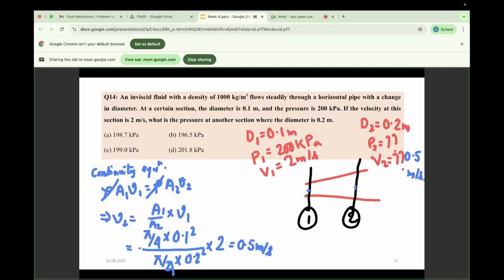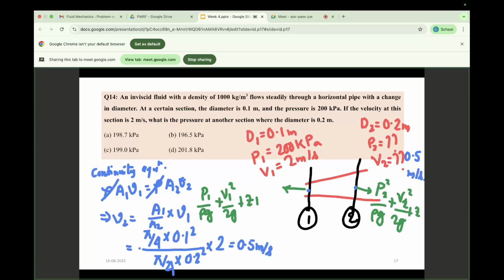Okay. Now I am applying Bernoulli's equation. At section 1, what will I get? P1 by rho g plus V1 square by 2g plus z1. I write it in green color. Similarly, at this point I can write P2 by rho g plus V2 square by 2g plus z2.